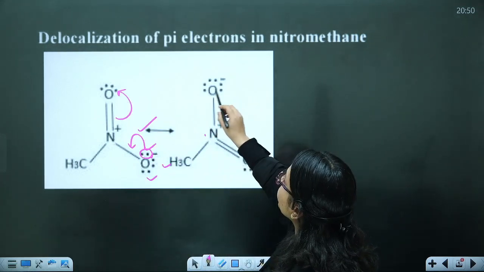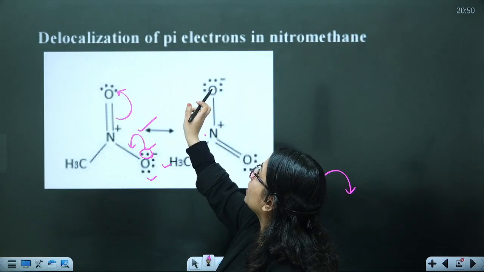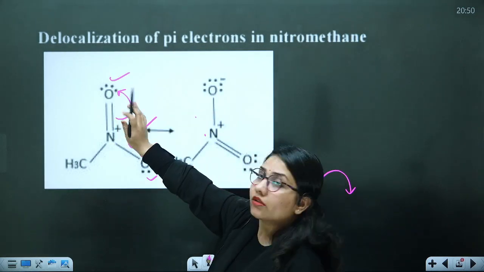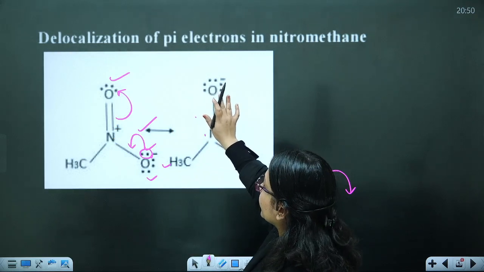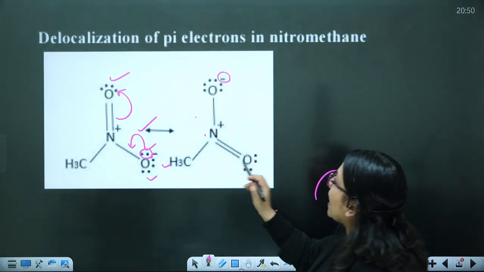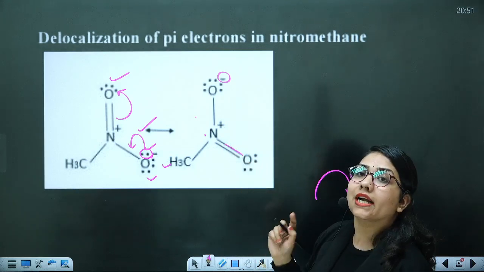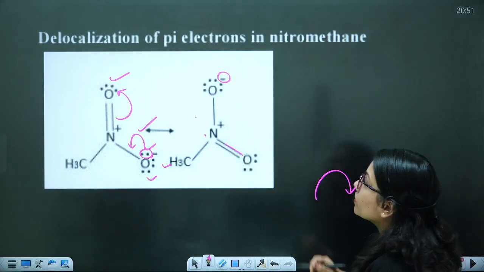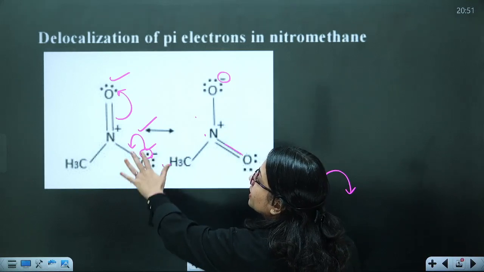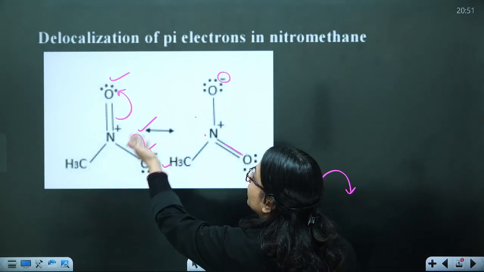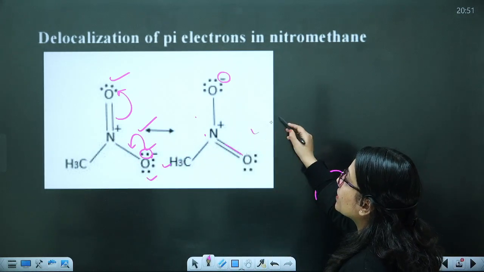So there will be 3 lone pairs. Previously there were 2, now there are 3, and the negative charge moves from here to here and this becomes a double bond, okay. So this is how I will show with the help of arrow that these electrons are going there and we are getting this structure, okay.